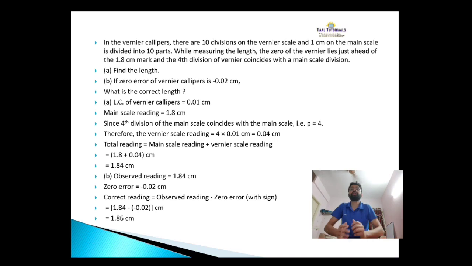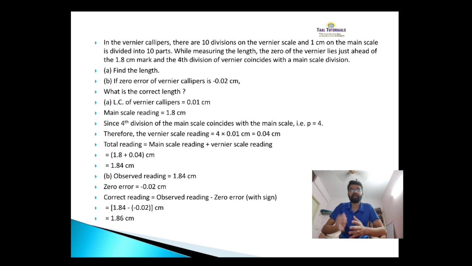As I have told you in the formula itself, we need to find total reading or length, that is main scale reading plus VSR. The least count of a vernier caliper is 0.01 centimeter. Main scale reading is 1.8.